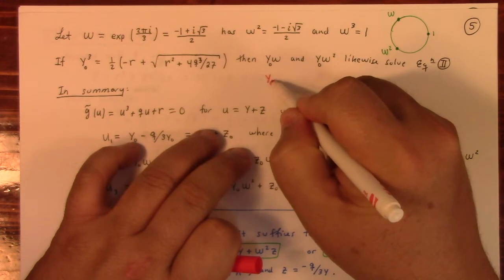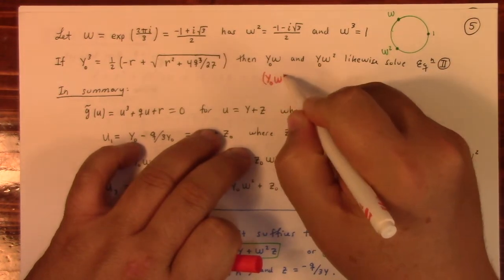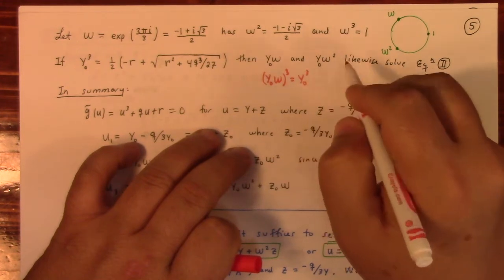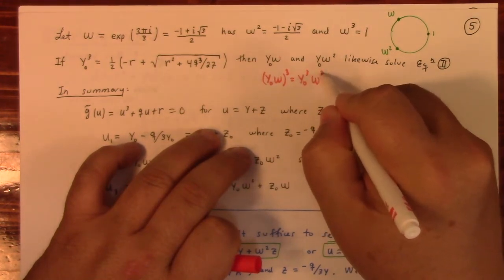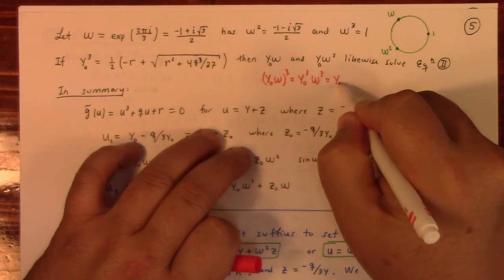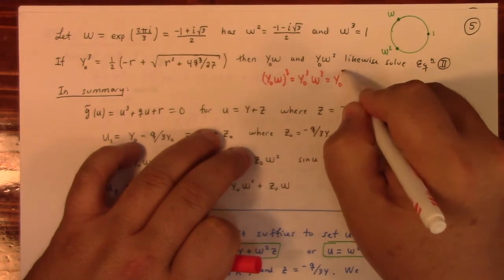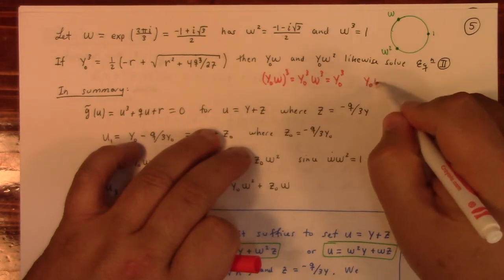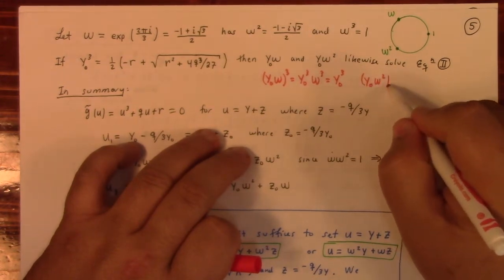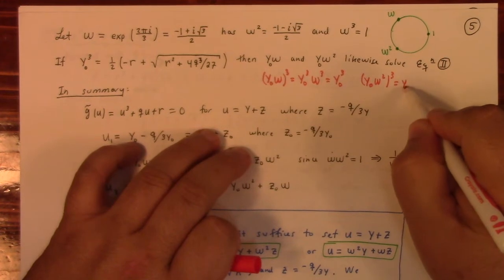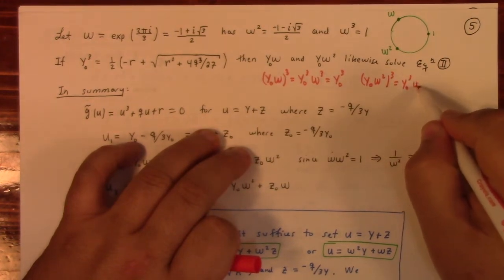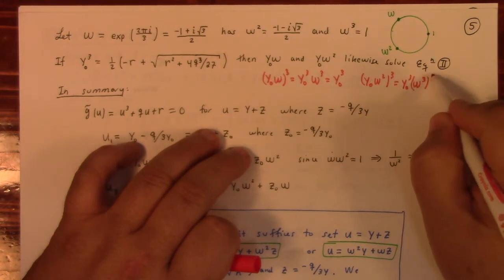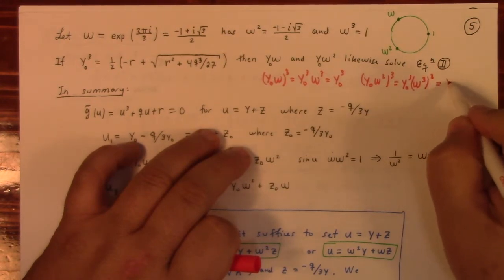Right, you got y naught omega cubed, which equals y naught cubed times omega cubed. Omega cubed is 1. So that's the same as y naught cubed, right? And likewise, if you take y naught omega squared and you cube it, you get y naught cubed times omega cubed squared, which is again 1, so you get y naught cubed again.